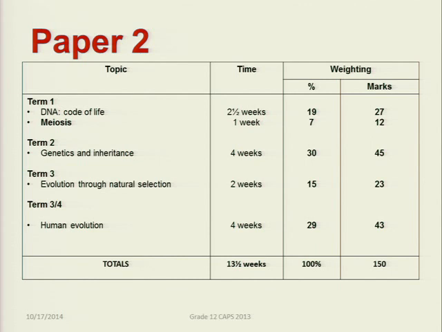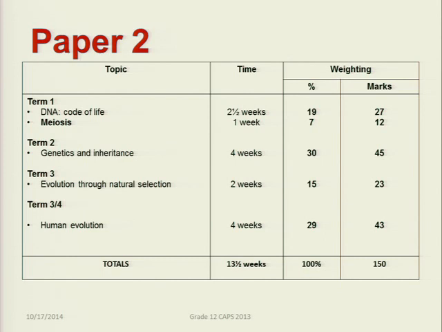In term 2, which also forms part of paper 2, is genetics and inheritance. It carries 30 marks. The weighting of marks is 45 marks. In term 3 is evolution through natural selection, 15% and 23 marks.